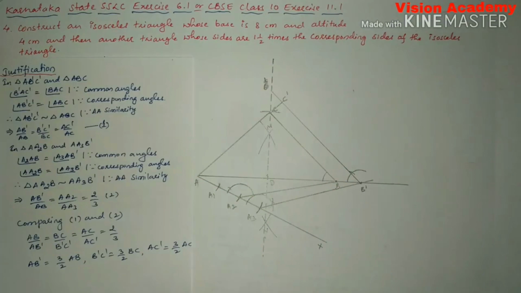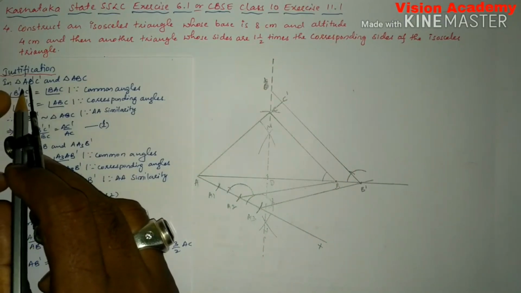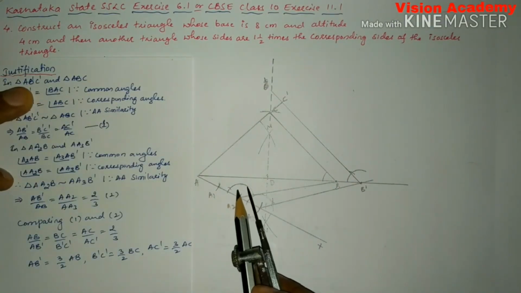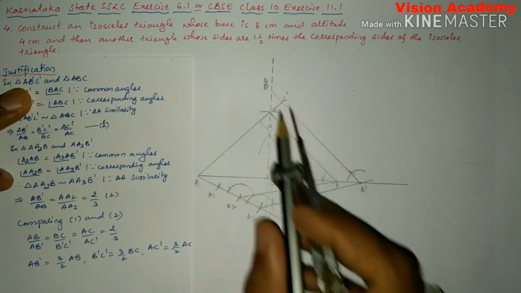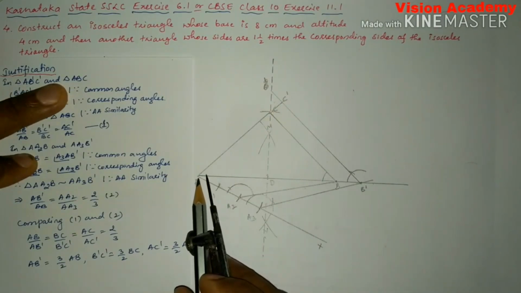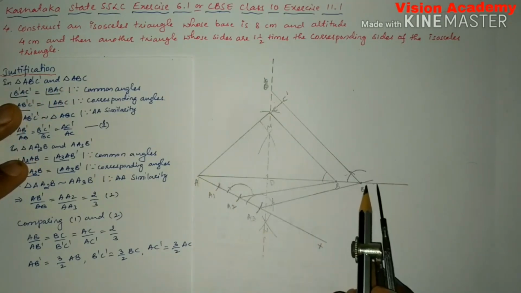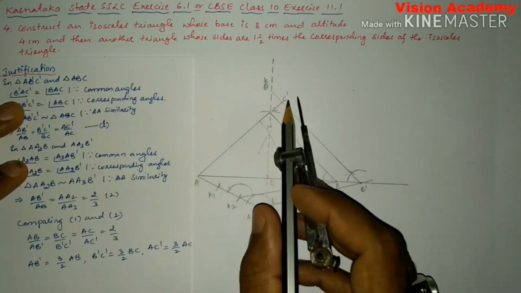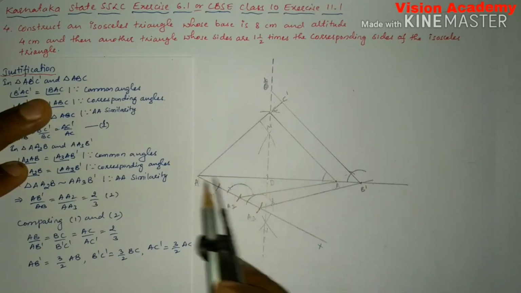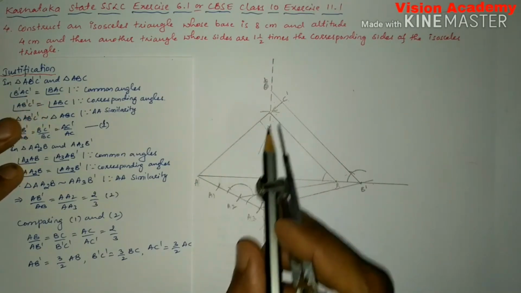Now in justification, in triangle A B dash C dash and triangle A B C, here angle B dash A C dash is equal to angle BAC because they are common angles.